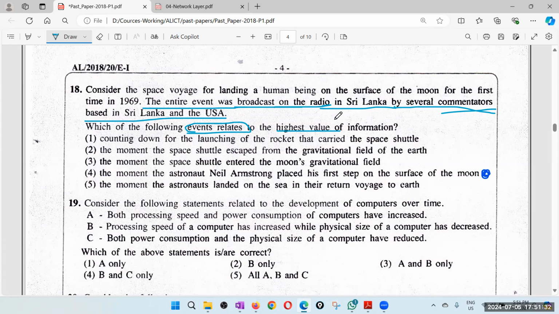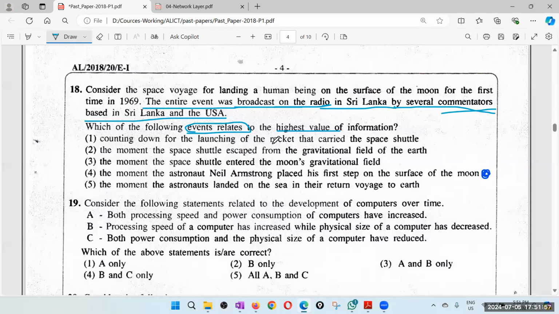And of course, highest value is when the information is complete, simple, right, reliable, secure. So that is where the people get the value. Right. So the question is, which of the following events relates to the highest value of information?